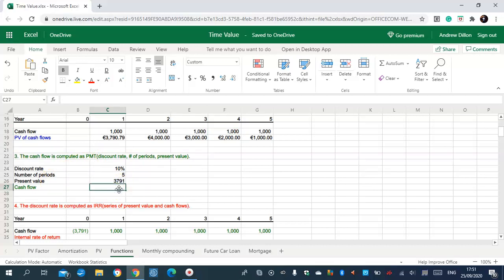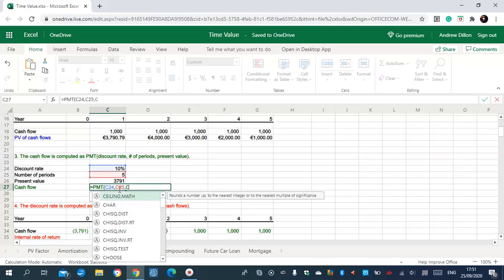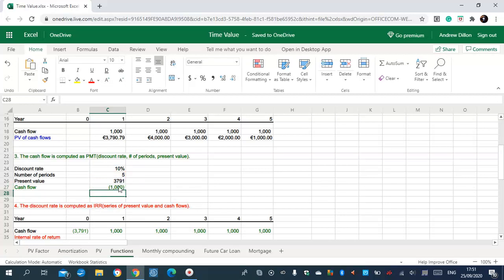What's missing is cash flow, so to calculate that. The answer is 1,000.